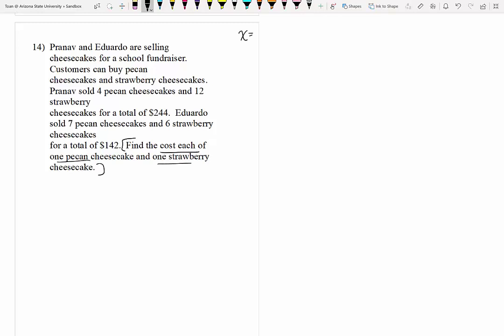So I'll make x equals the cost of one of them. Let's say cost of one pecan, and I'll make y equals the cost of one strawberry. They're both cheesecakes, but I'm not going to write it. So let's just go ahead and read and try to connect the information together.